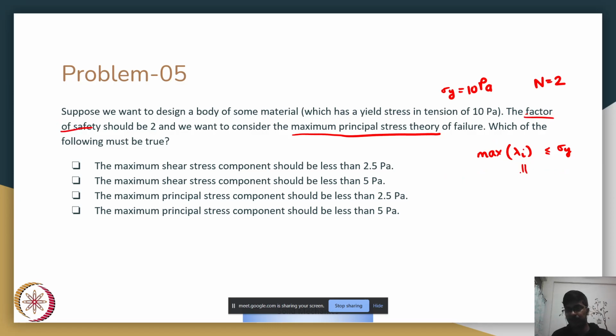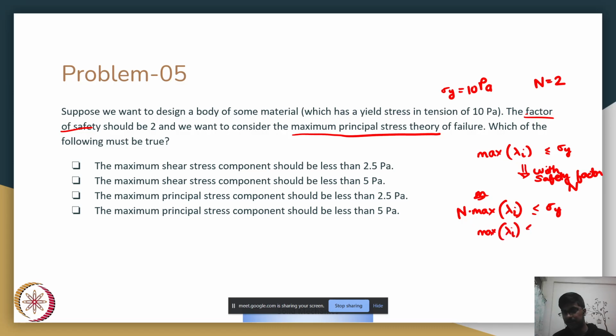So this would basically modify with the safety factor, and we can rewrite this as n times maximum of lambda I should be less or equal to sigma y, which is nothing but max of lambda I is less or equal to sigma y by n. I substitute the values, that is 10 by 2, which is 5. So your maximum principal stress component should be less than 5 Pascal, which is the last option.